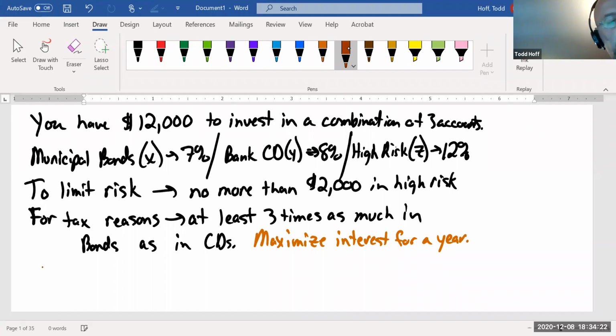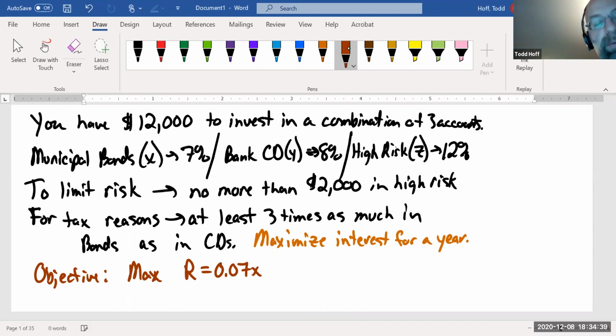So our objective function here, we're trying to maximize, and I'm going to use R for interest, for rate. 0.07x, that's the municipal bonds, plus 0.08y, that's the interest on the bank CD, plus 0.12z, that's the interest on the high risk account.